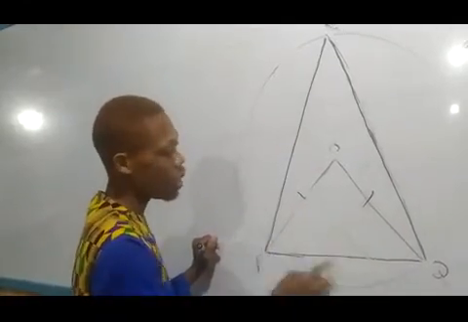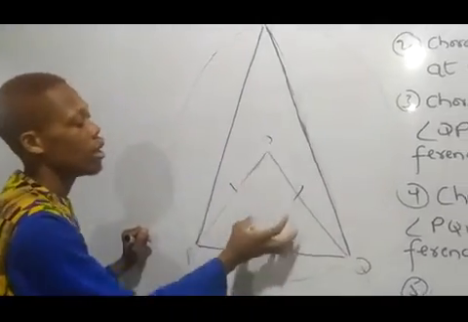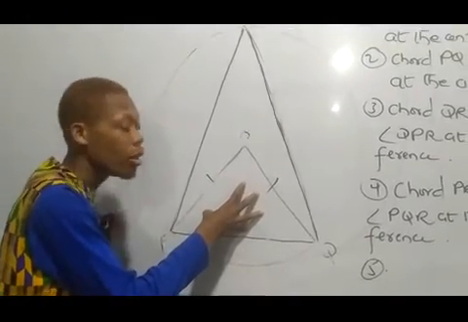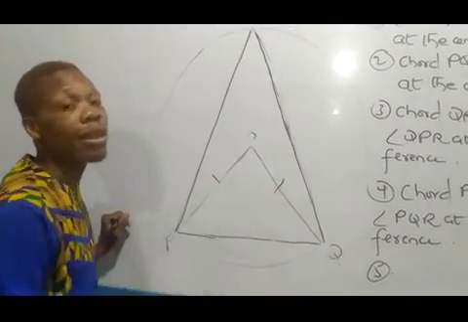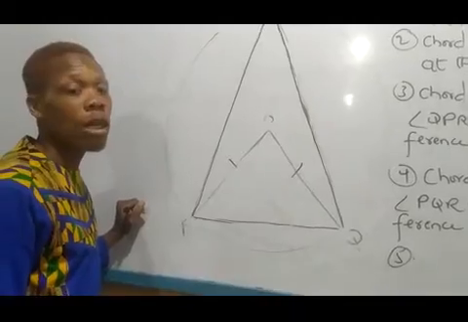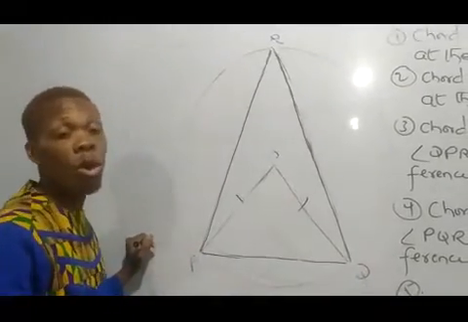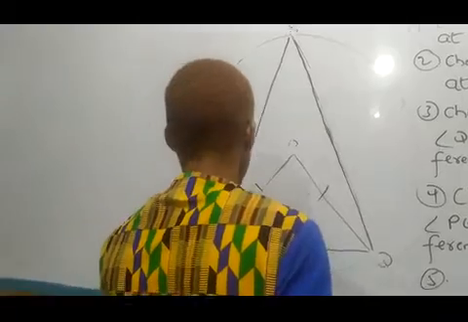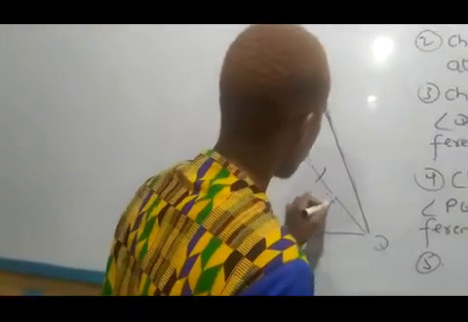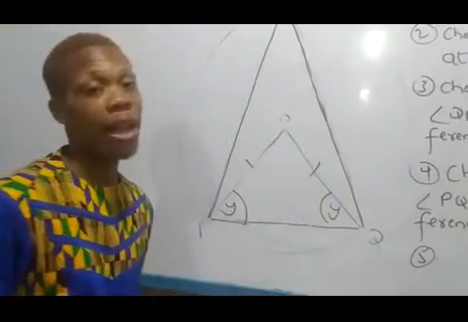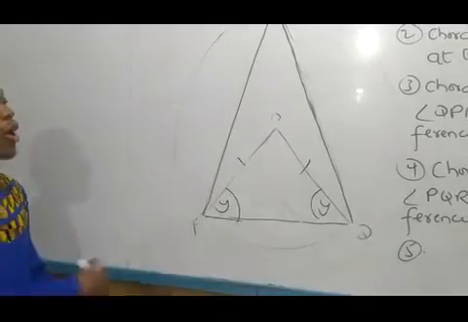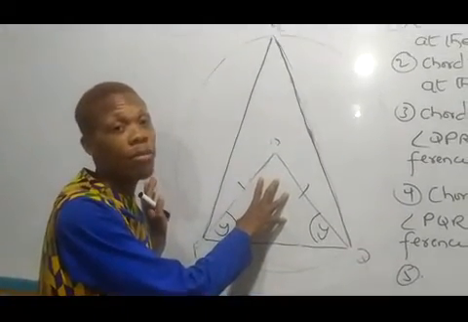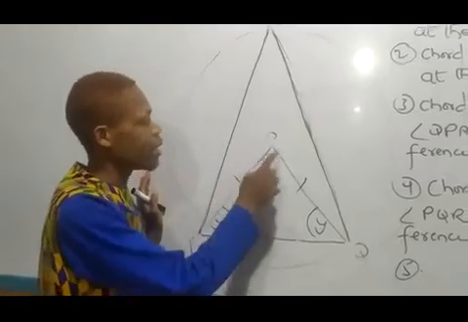And this triangle becomes an isosceles triangle because this length and this length are equal. And if the 2 lengths are equal, then the base angles are also equal. So if this angle is Y, then this angle is also Y. We establish that. So always the triangle formed here is an isosceles triangle because of the 2 lengths being equal.